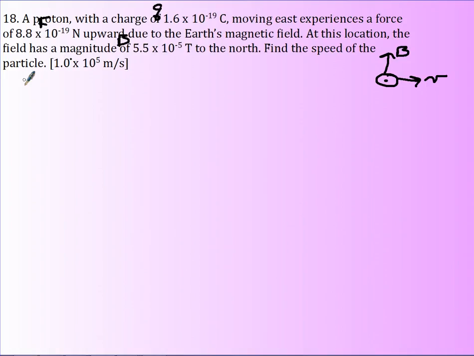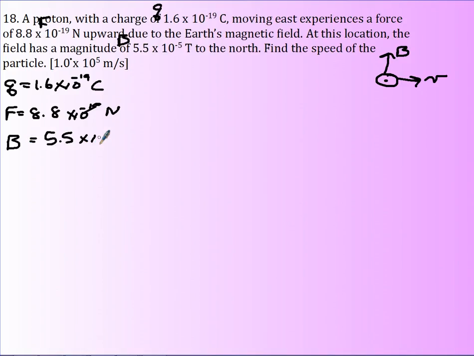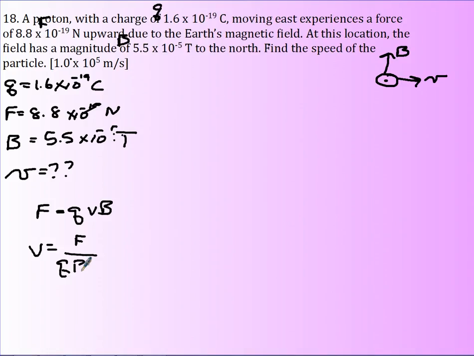All right, let's see, Q is 1.6 times 10 to the negative 19 coulombs. F is 8.8 times 10 to the negative 19 newtons. And B is 5.5 times 10 to the negative 5th Tesla. And we're looking for V. Now I know F is QVB, so the velocity is the force divided by the charge divided by the magnetic field.